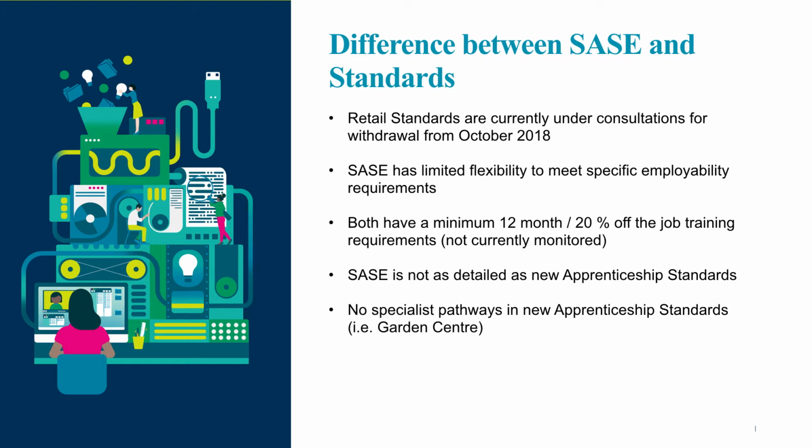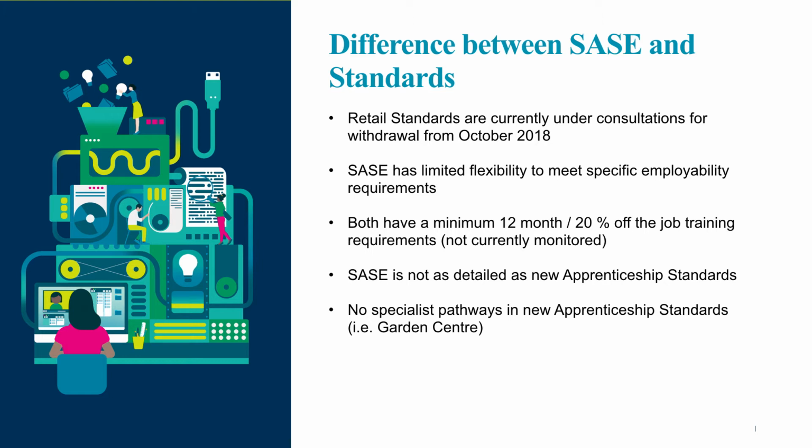Going forward, funding is based on the overall delivery requirements, and that is something, as I'll come on to on the next slide, you will need to negotiate with your provider up to a cap. But funding for apprenticeship frameworks has changed as of the 1st of May as well, so I'll cover that on the next slide.